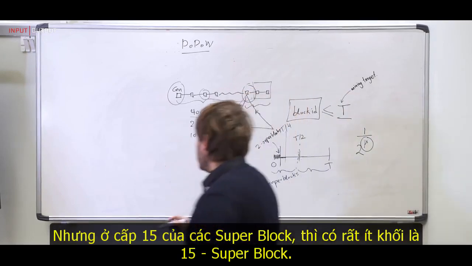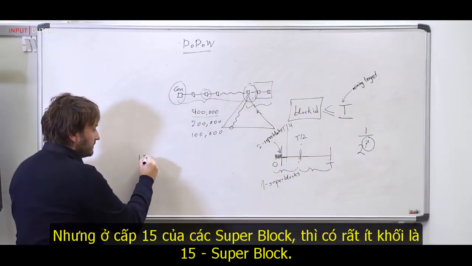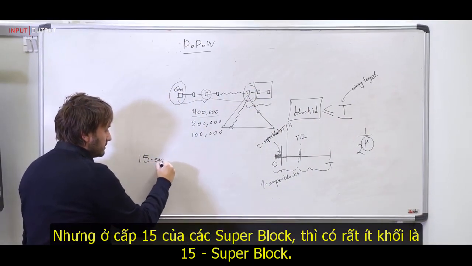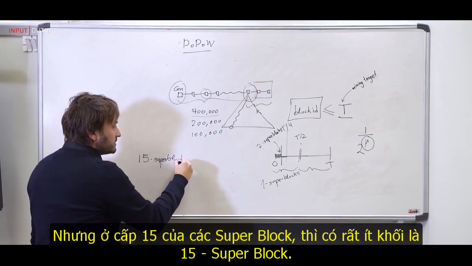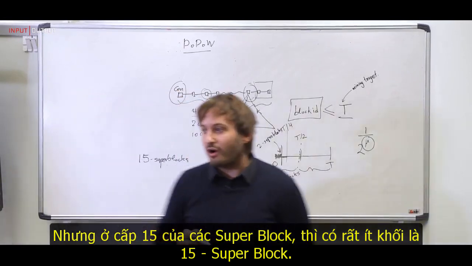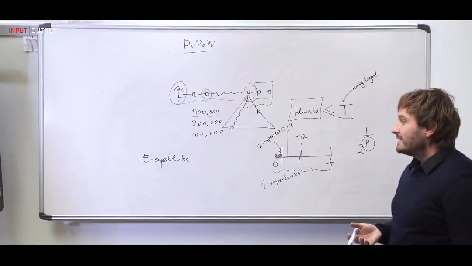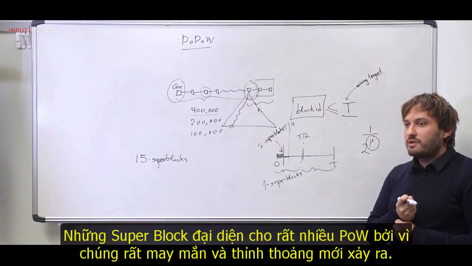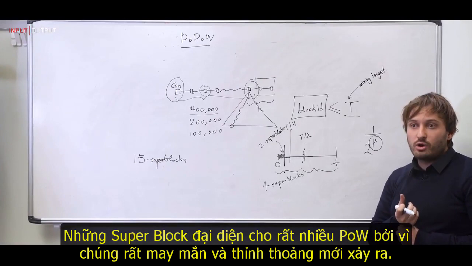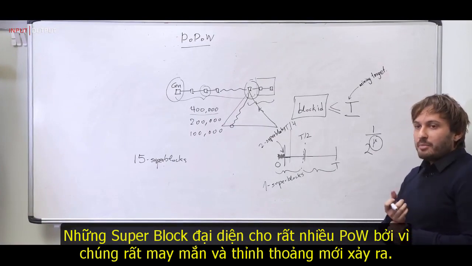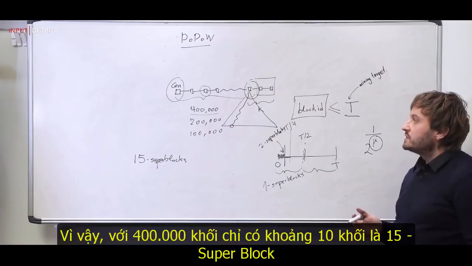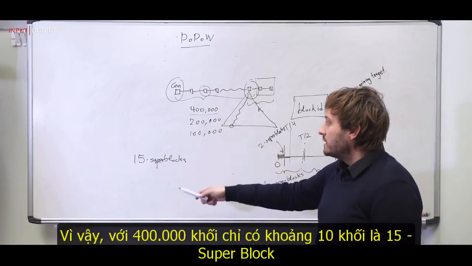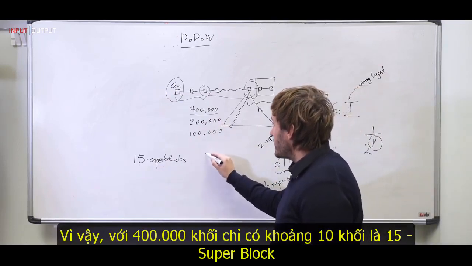But if I'm looking at, let's say, level 15 of superblocks, then there's very few blocks that are 15 superblocks. Somehow these superblocks capture a lot of proof of work within them because they're very lucky blocks. They happen only occasionally. So within 400,000 blocks, 15 superblocks, we could have maybe just 10.